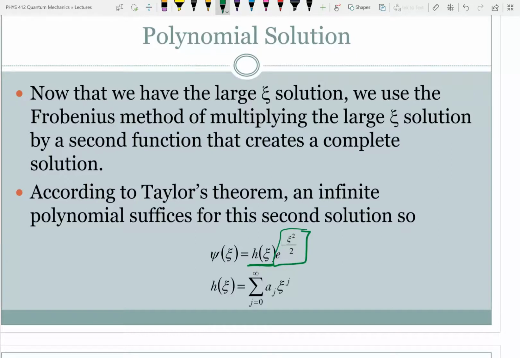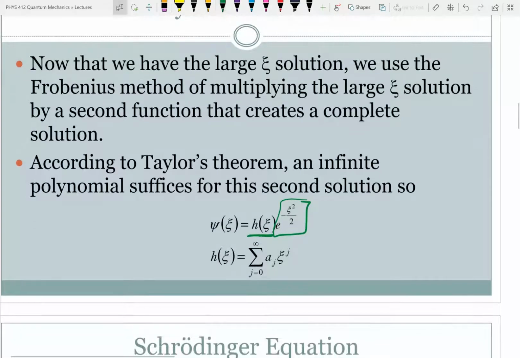And so according to Taylor, no matter what H really is, it can always be written as a polynomial, some constant times H to the 0 plus some constant times H to the 1 plus some constant times H to the 2, etc. And so that's what we're going to do. We're just going to put in this Taylor series, this infinite polynomial, and then put it back in the Schrodinger equation and see what we get.